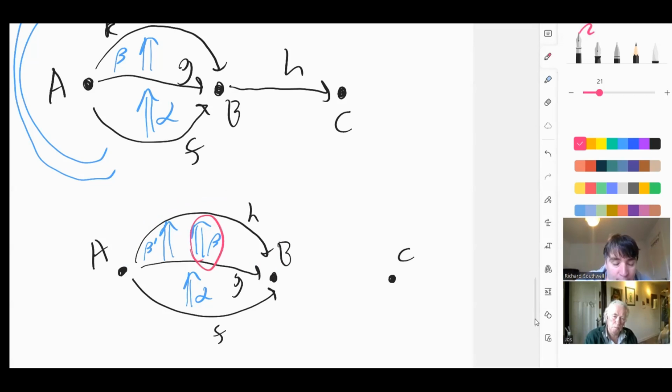These are 2 cells. You could visualize them as surfaces or something. And then we can have 3 cells like gamma that go between parallel 2 cells. And we can go on and on and on. So this is the idea very roughly of high dimensional categories.